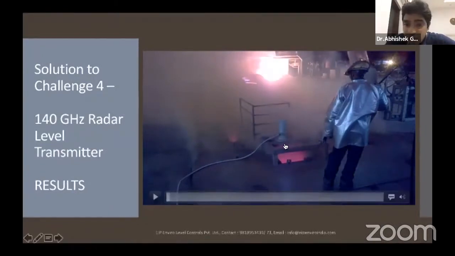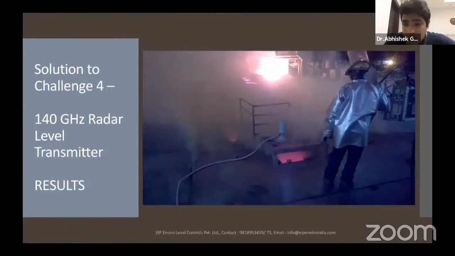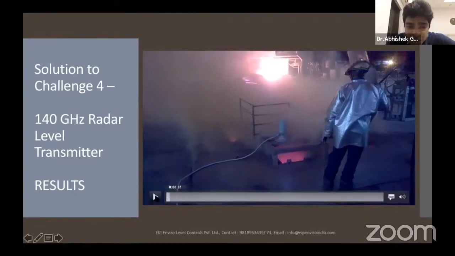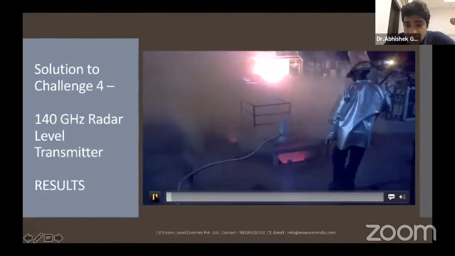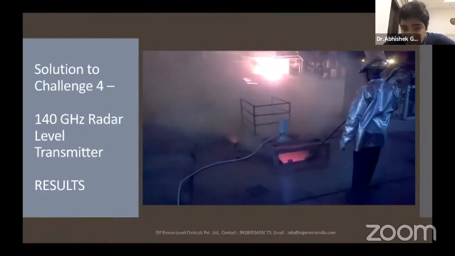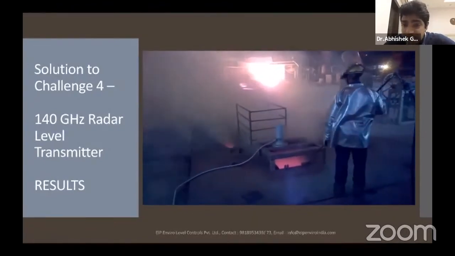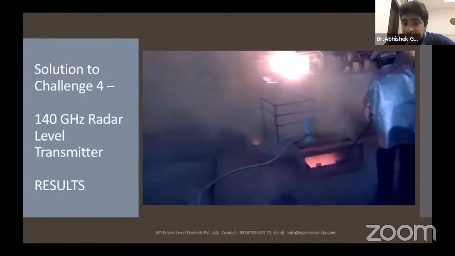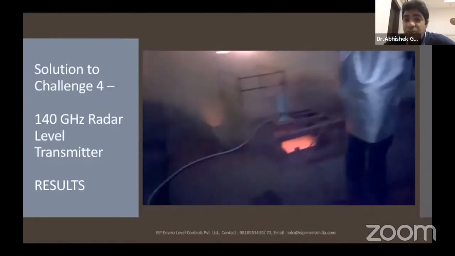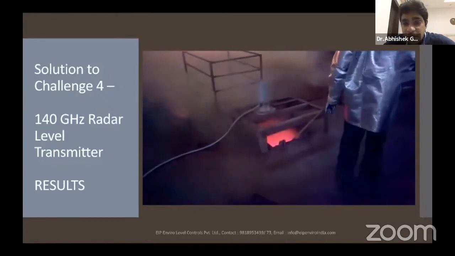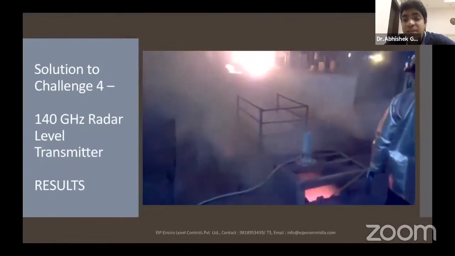So this is an installation of this kind of radar, not in a power plant, but we have installed it at a temperature of 1200 degrees Celsius. And like I said, it is working in such a stringent condition. You can see there is dust, there are fumes, there is temperature, and this radar level transmitter is giving an accuracy close to 2 to 3 mm within this environment.